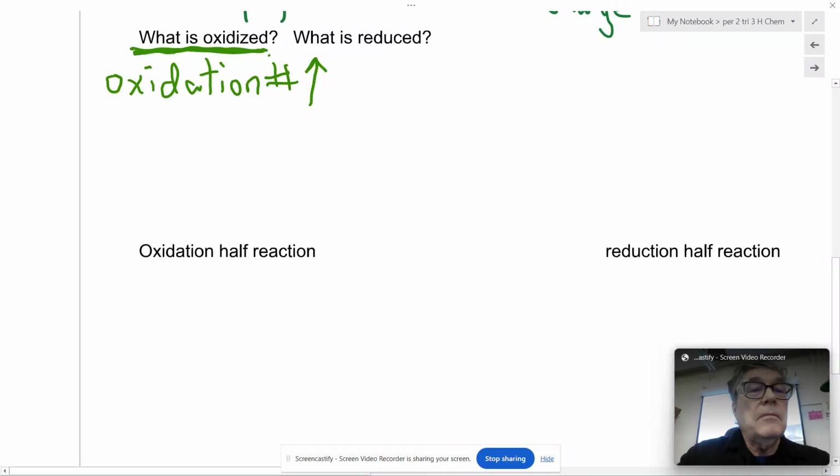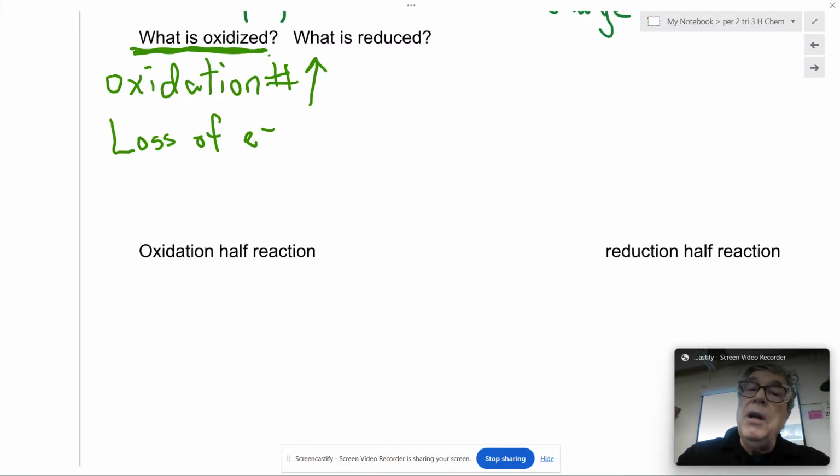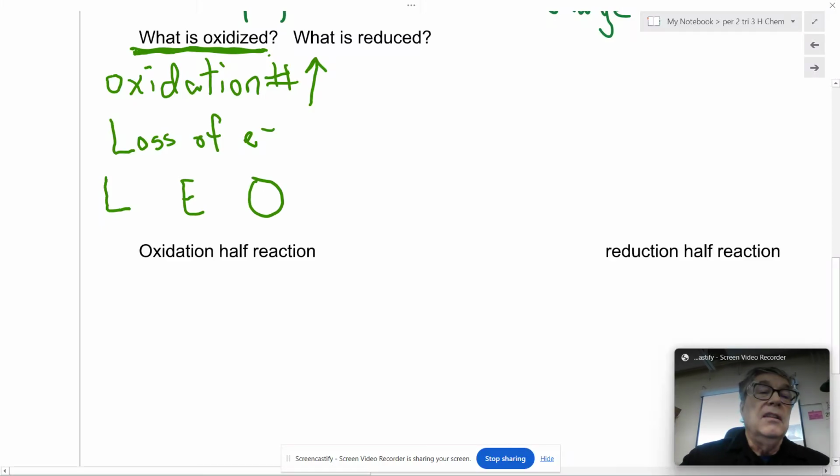Also, we can remember that because it means loss of electrons. That's what really makes the oxidation number go up. And we have an acronym that helps us remember that: LEO, like Leo.